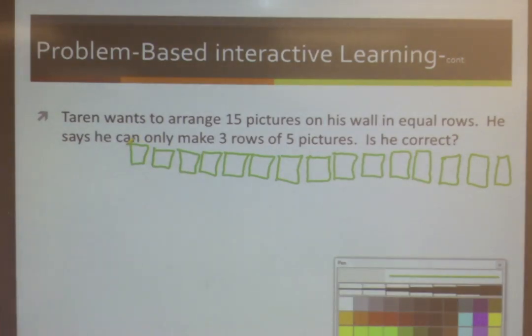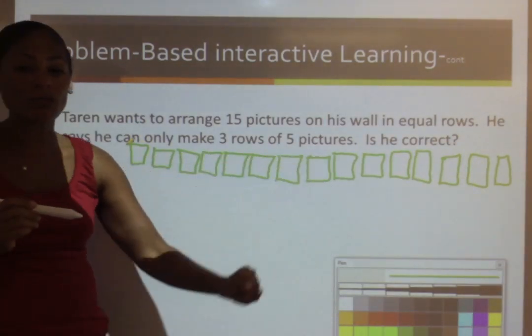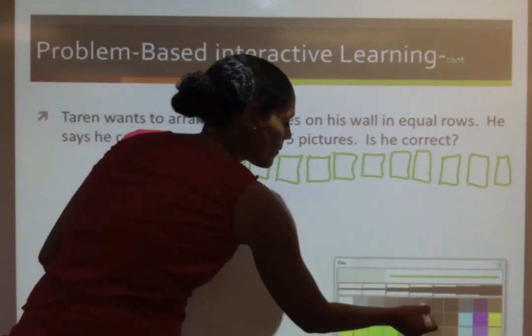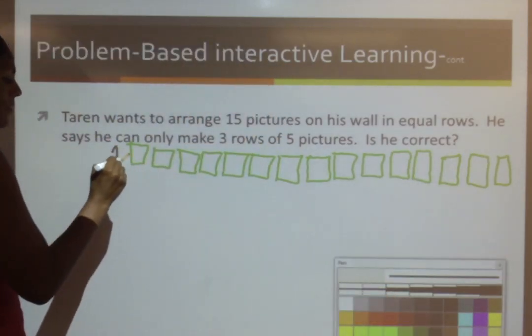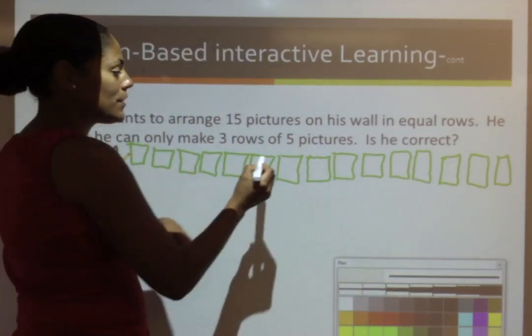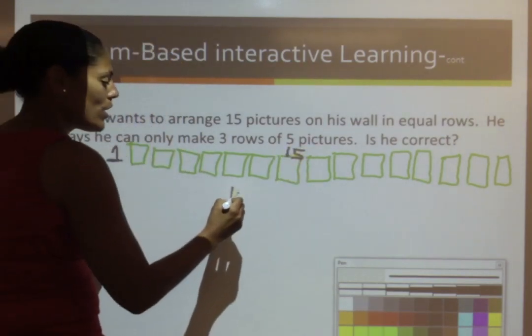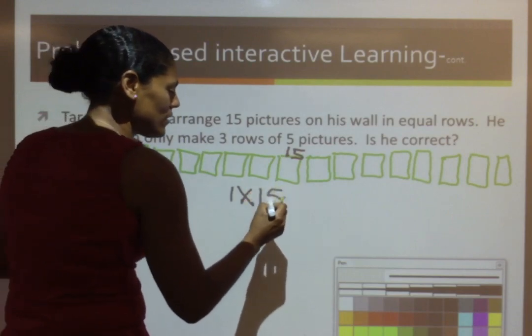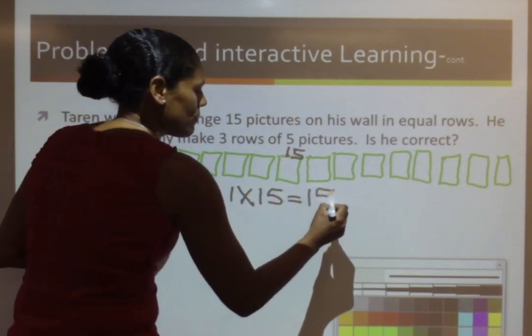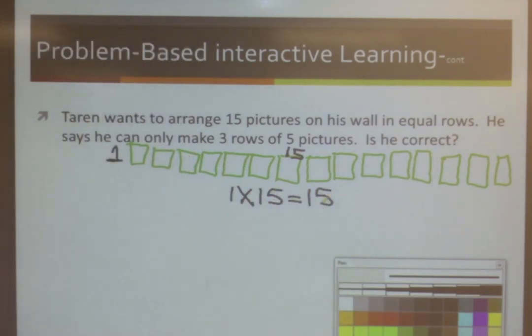Wow, that's a long row of pictures. That's one row, though. One long row of 15. 1 times 15 equals 15. Can I do it another way? Sure. Let's try another way.